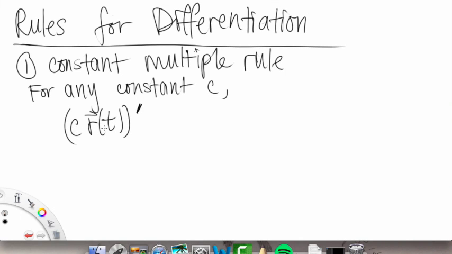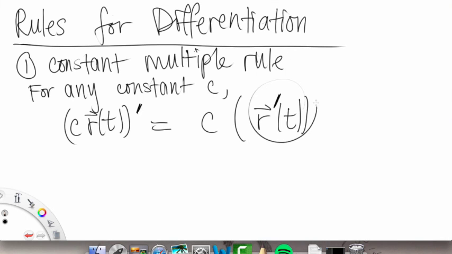So if you multiply r of t times a constant, like 2 or 3 or whatever, and then you take the first derivative, this is going to be equal to taking the derivative of r of t first and then multiplying it by c. So basically the c can move anywhere. It could stay inside before you differentiate, or it can be outside, and then you consider it after you differentiate. Okay, so that's the first one.